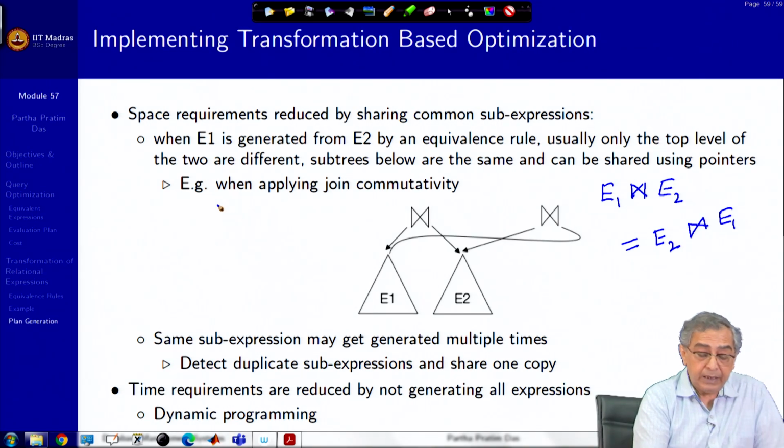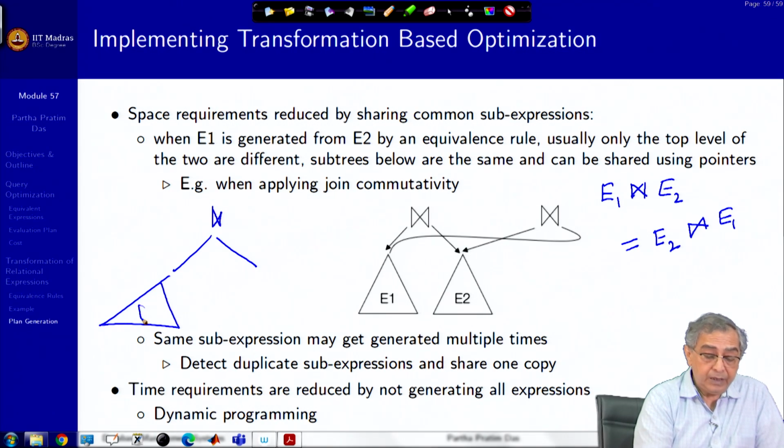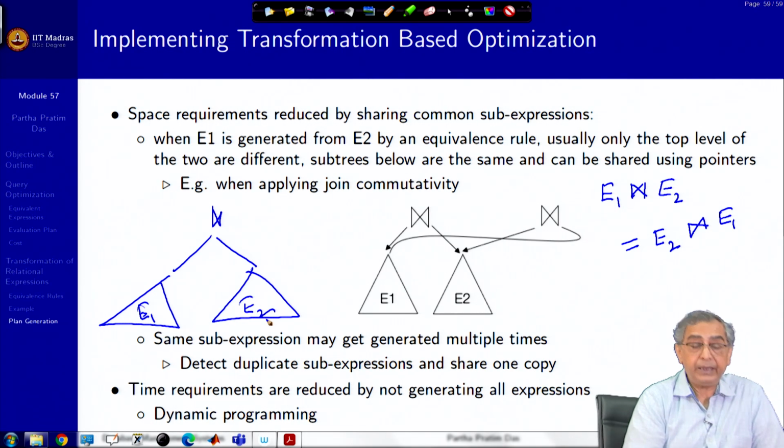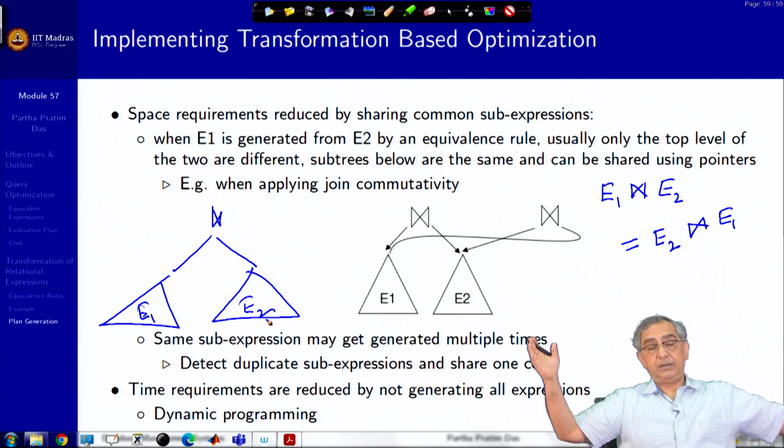So, which means that I have a join and I have E1 here, I have E2 here, and they could be potentially large expressions.